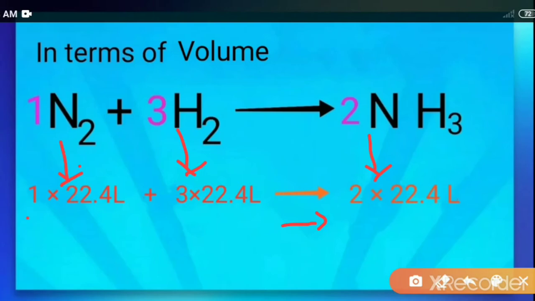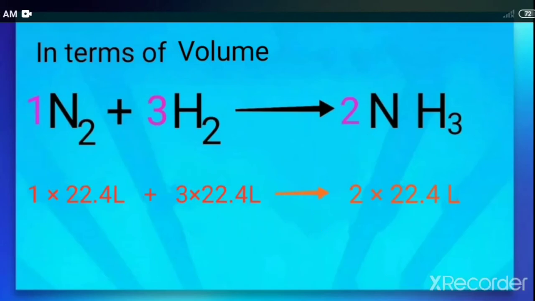Once again, why have I multiplied with 1? Because there is 1 mole of nitrogen. So therefore 1 into 22.4. For 3 moles of hydrogen, 1 mole has 22.4 liter, so 3 moles have 3 into 22.4 liter. Similarly, 2 moles of ammonia means 2 into 22.4 liter.